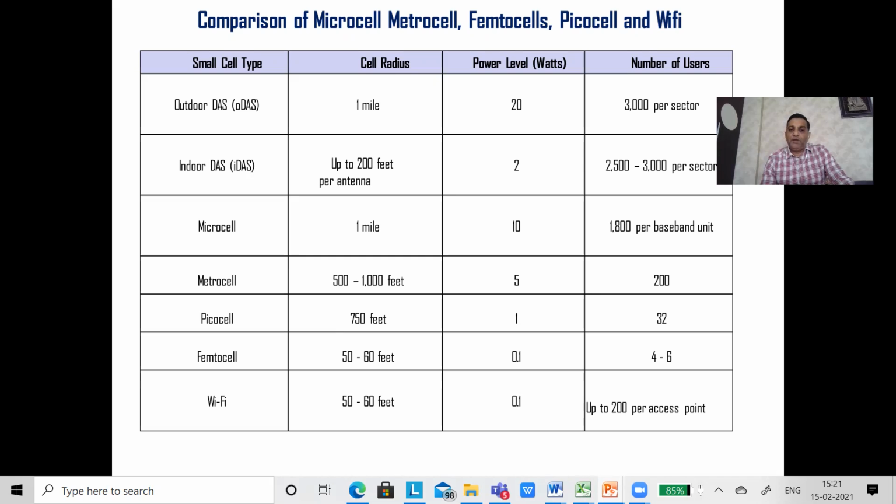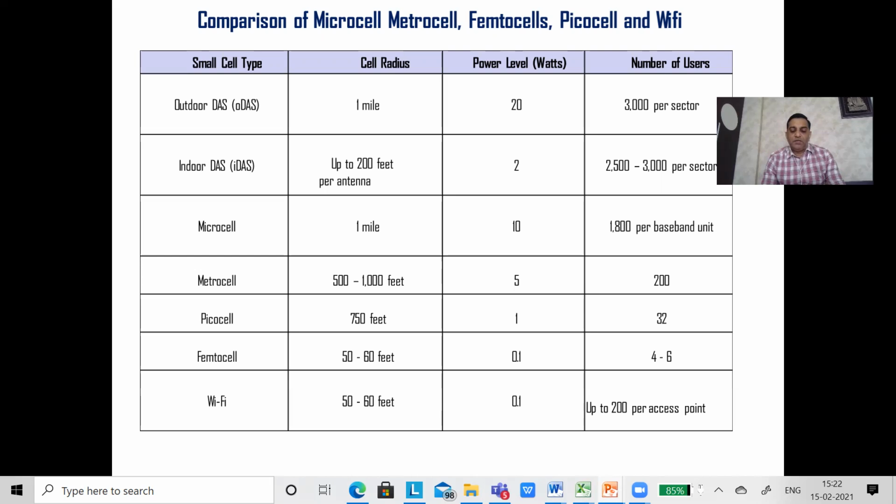If we talk about picocells, a picocell is a small cell used for small enterprise applications to extend network coverage and data throughput. Application-wise, picocells have indoor use in offices, hospitals, schools, and shopping centers.